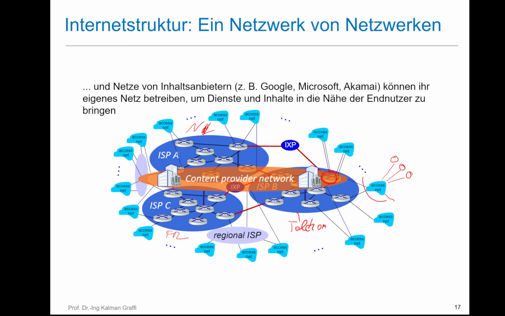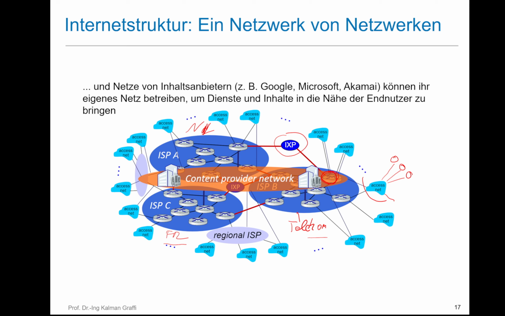Somehow all this global networking is happening, and the question, just for your information, is where do these different access providers meet? There are also these internet exchange points. We covered that in the networking lecture, but just to give you an idea. So how does it work that Telecom in Germany is connected to Telecom France and Telecom Netherlands?